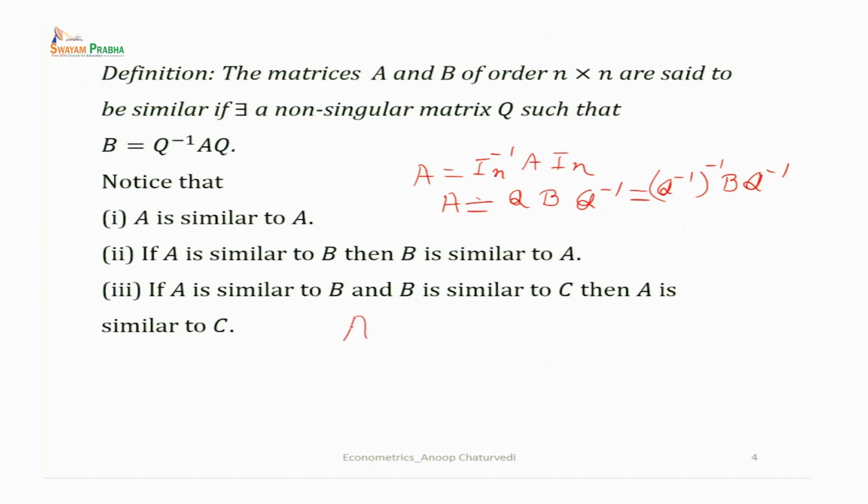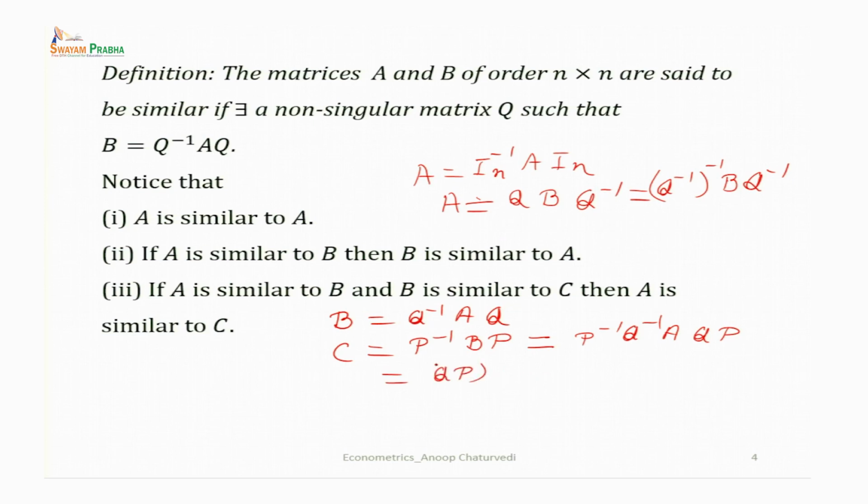So, if you can write B as Q inverse A Q, and you can write C as say P inverse B P, then C can be written as P inverse, you can write B as Q inverse A Q, P, which is equal to (Q P) inverse A (Q P).